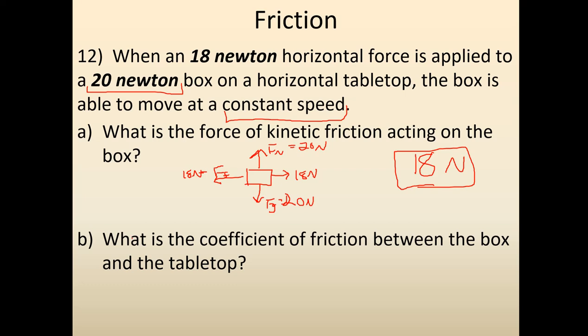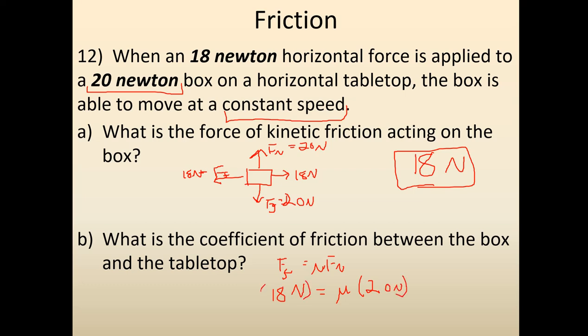So if I go down to part B, they want the coefficient of friction. Because they don't tell me the material involved, that means I have to use the equation. Ff equals mu Fn. The force of friction is 18 newtons, and the normal force is 20 newtons.